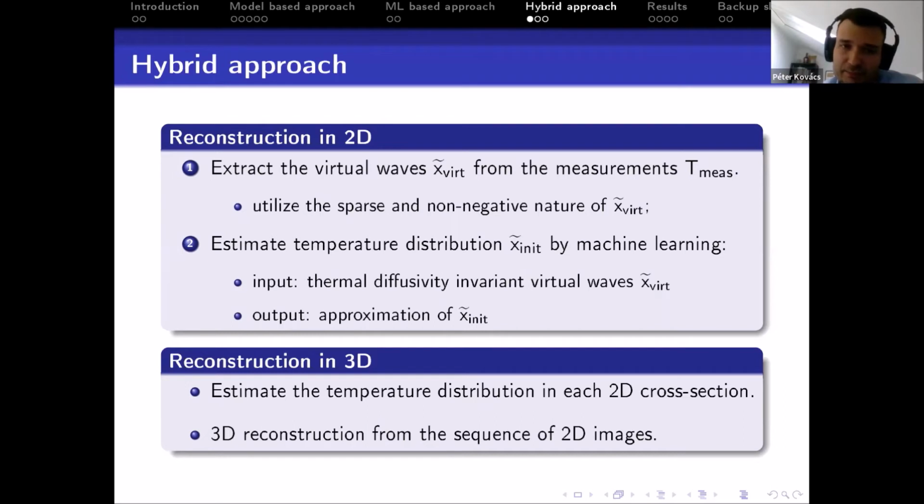In all of these setups, we are working on 2D images. And in order to get a 3D reconstruction of a 3D material, we would perform the reconstruction in each cross-section of the investigated specimen, and then we merge the cross-sections and construct the 3D structure of the investigated object.